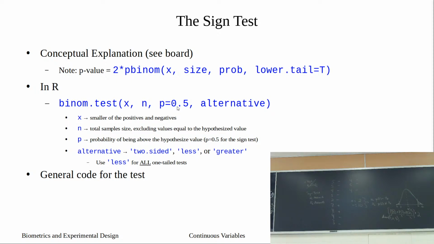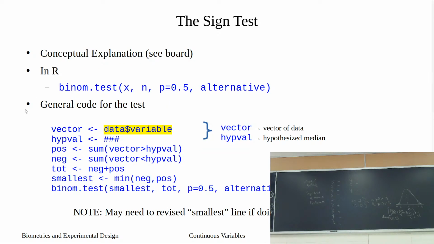So a binomial test, you can run it on your own, but if you have continuous data where you need to convert it to do this median test, the sign test, this is what it's doing. All right? So what's the general code for the test? This is the general code for our sign test.